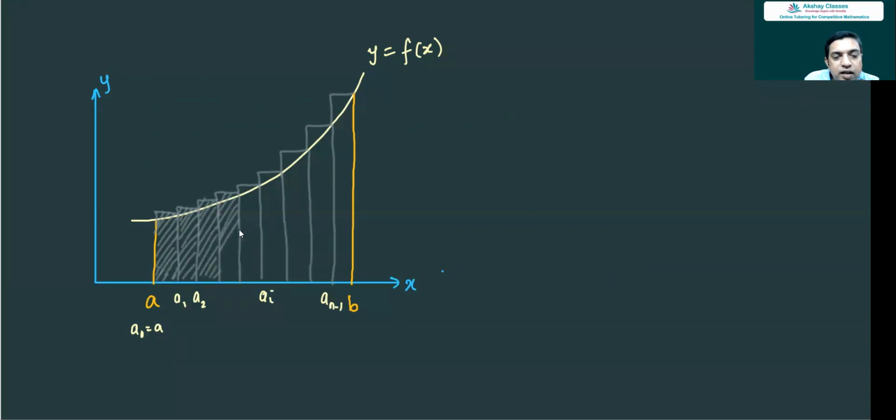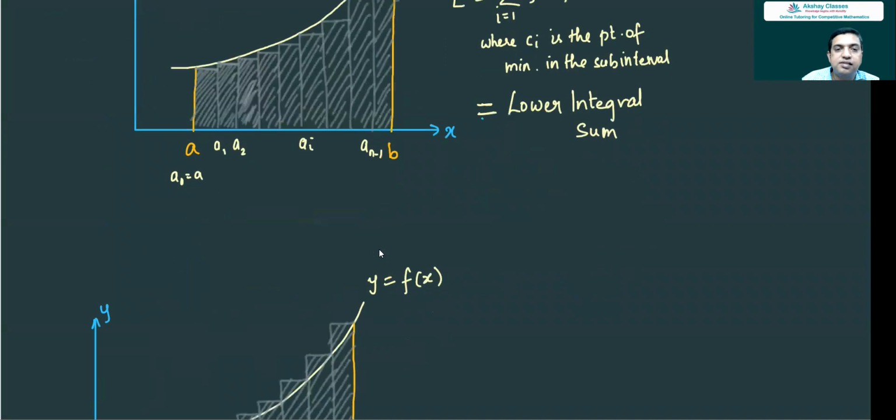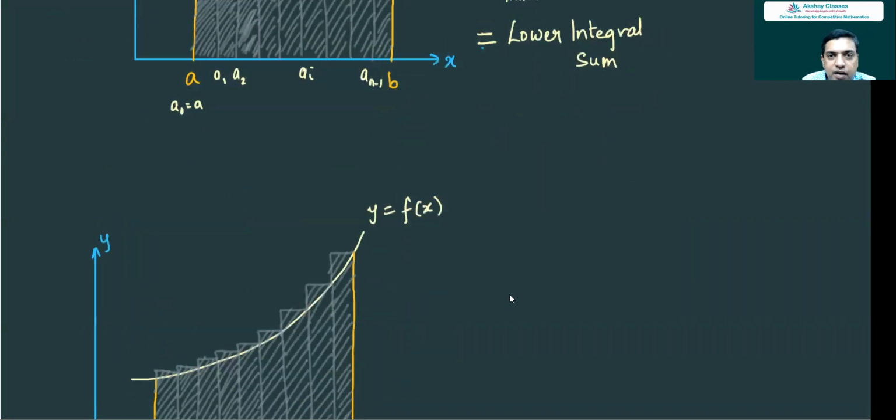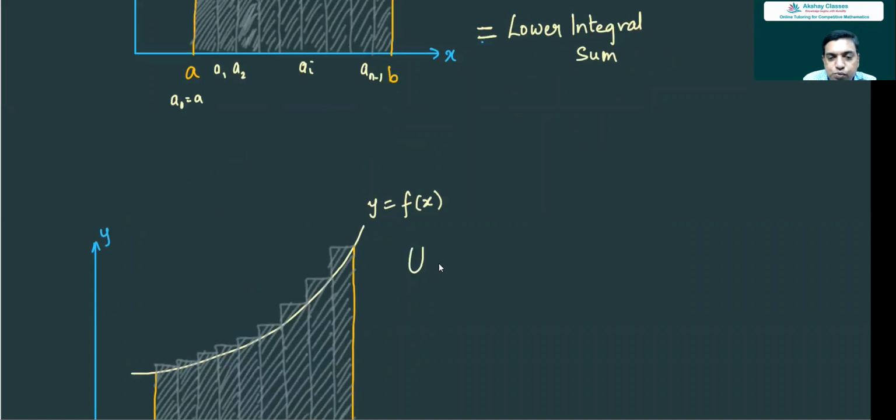However, this is also an approximate calculation of the area under the curve. So this entire shaded portion is the area. Now this area is your upper integral sum, U.